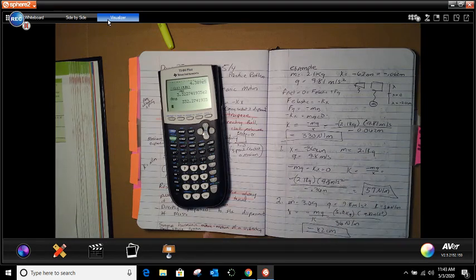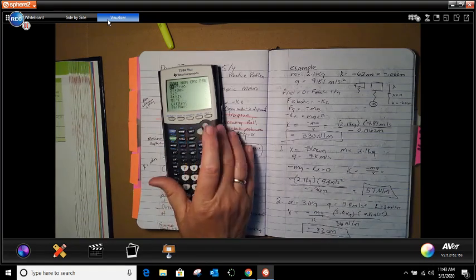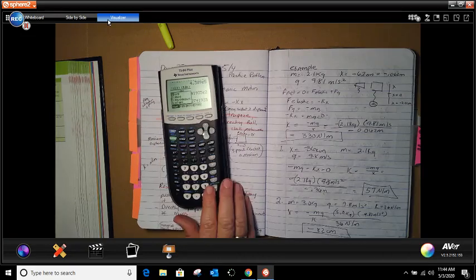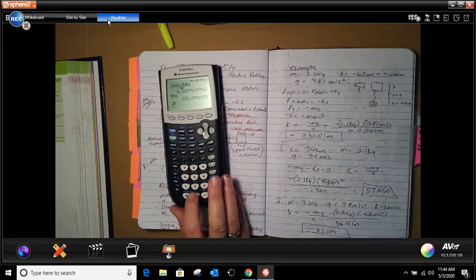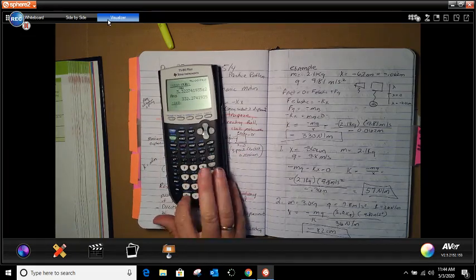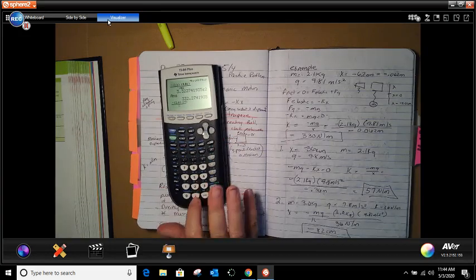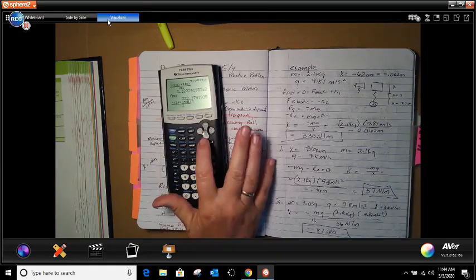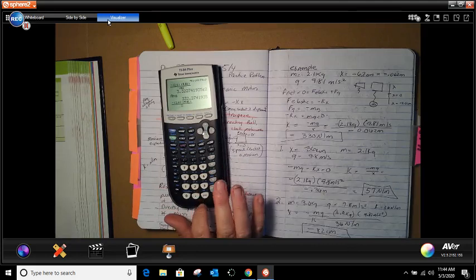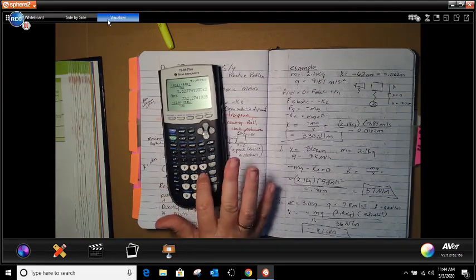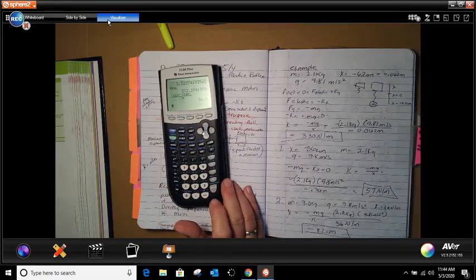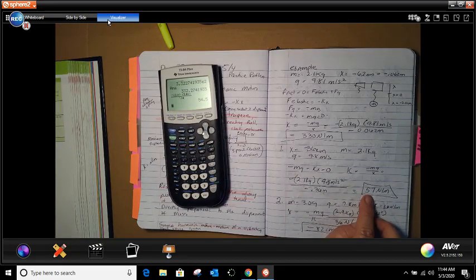For that one, you do negative 2.1 times 9.81, divided by negative 0.36, and we get 57 newtons per meter for our answer.